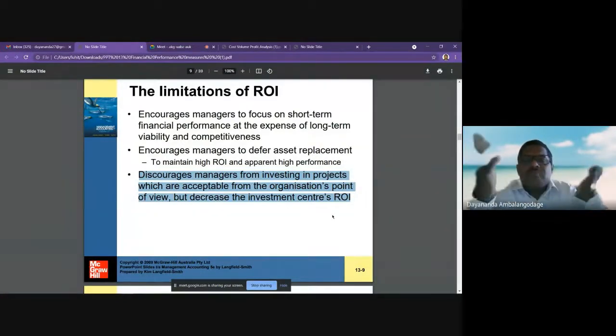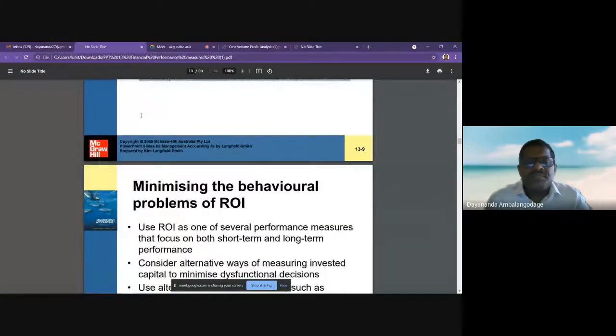If as managers, as CEOs, our directions are not towards the strategic direction of the group, then goal congruence is not there. Goal congruence is moving towards one direction. All the sub-companies are moving in one direction.